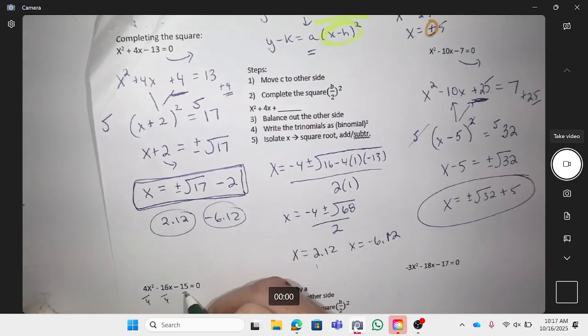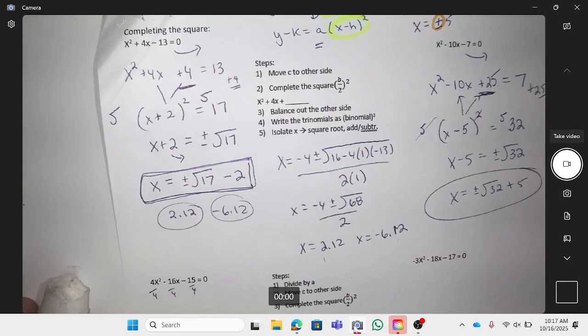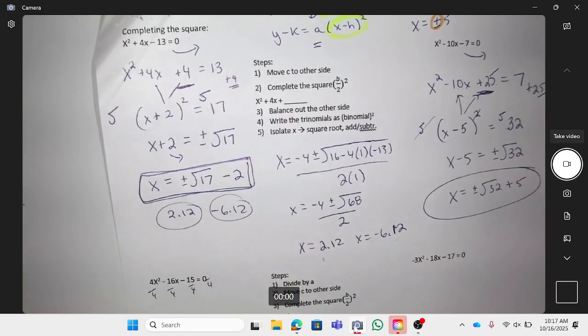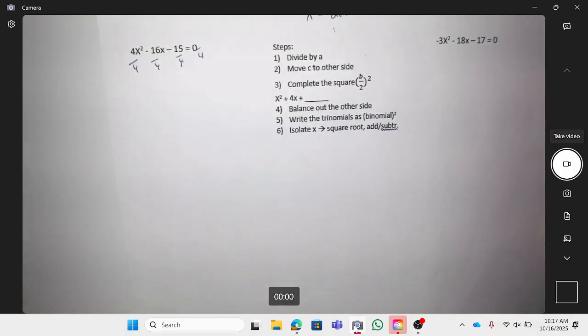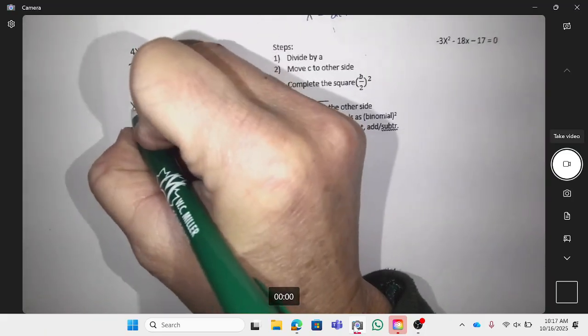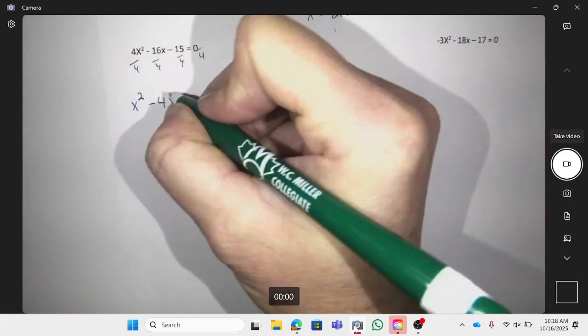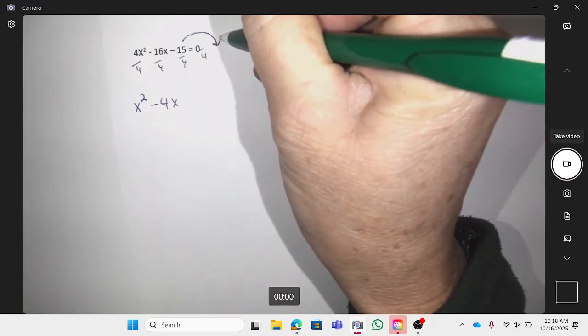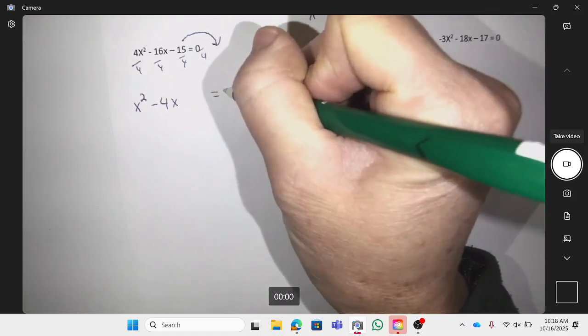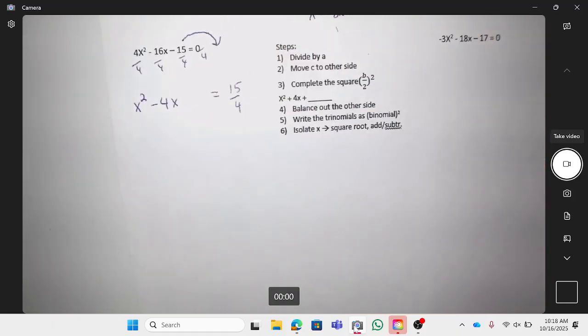Divide by 4, divide by 4, divide by 4. Divide by 4. Everything, right? When you do something, it's like giving kids candy. X squared. Subtract 4x. Are you guys okay also if I move that at the same time? Kind of doing two things at one time, but.